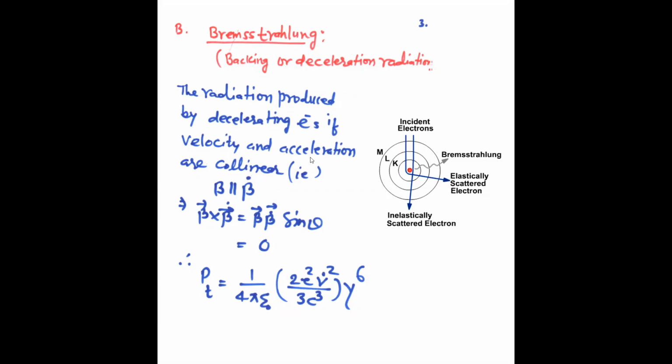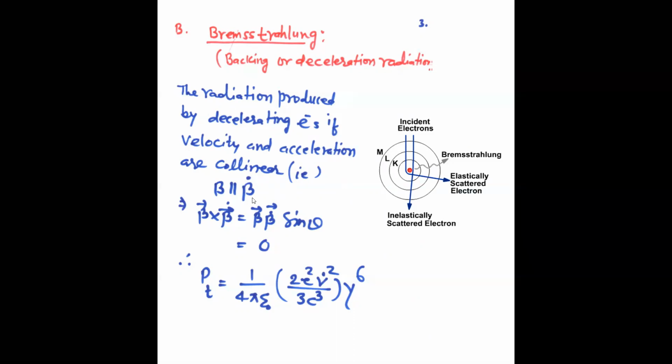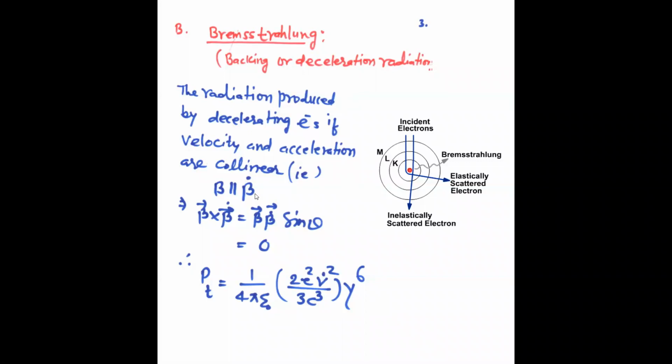In the case of Bremsstrahlung, velocity and acceleration are both parallel to each other. You can imagine that this is just the case of a linear accelerator. In a linear accelerator, we have, suppose, a pelletron.